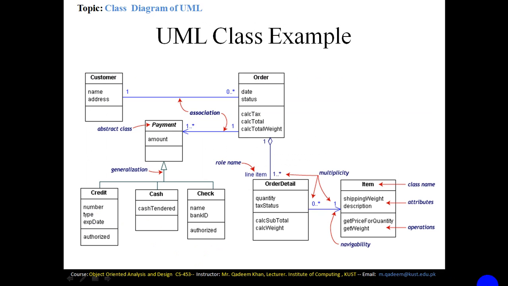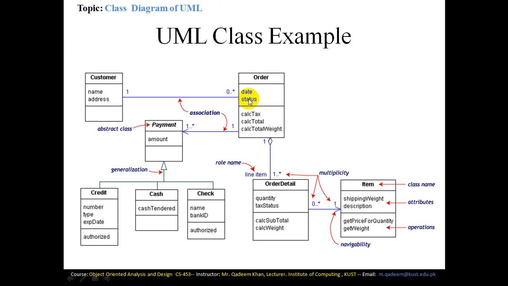Now, this is another example of the class diagram. It has everything. You can see here that this is the customer class. Customer class has only name and address attributes. Students, it is better to specify the data types here. So name can obviously be a string, and similarly address should also be a string, and there is no function in the customer.